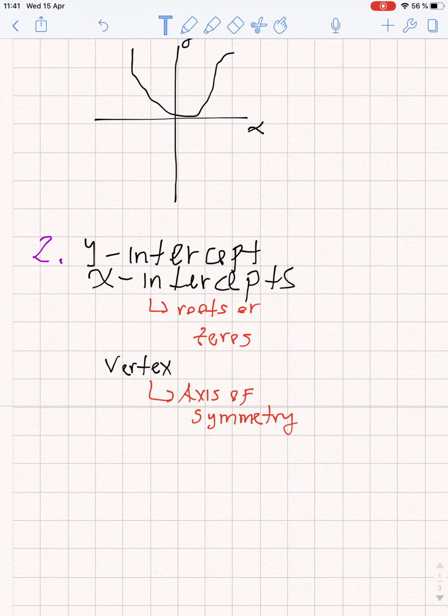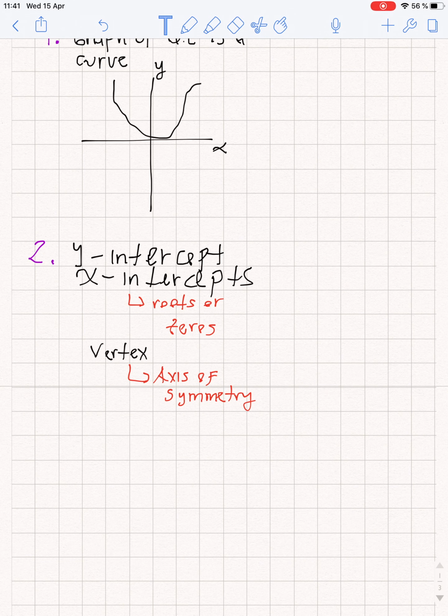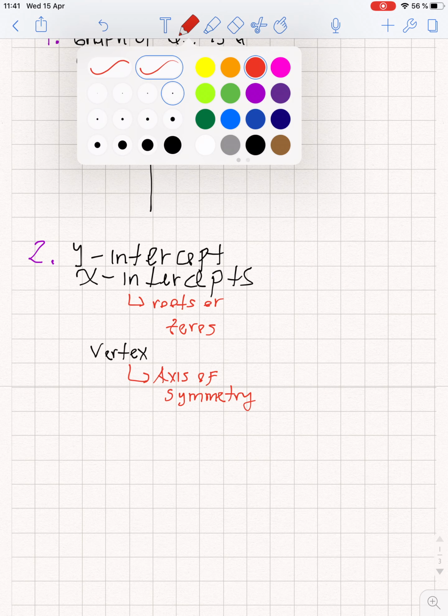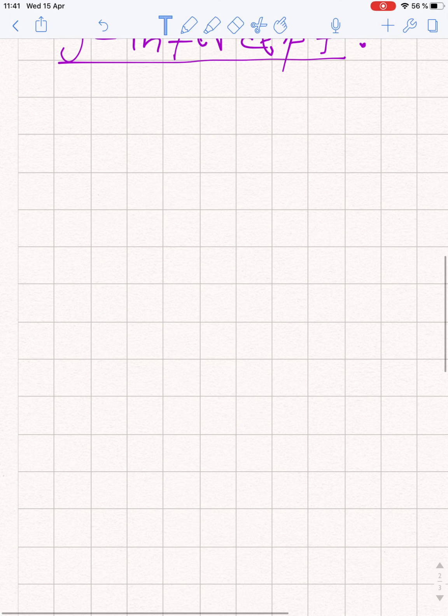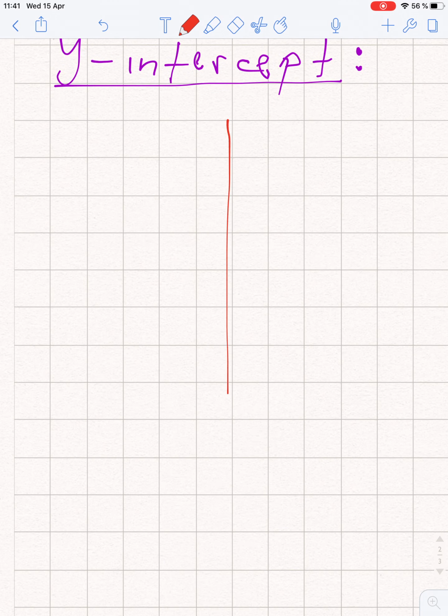Now, how to identify from the graph those components and how to calculate them. I'm going to start with the y-intercept, okay? As the name says, it is a coordinate that is crossing. For example, over here, I'm going to plot a coordinate plane, and I'm going to draw a curve, okay?